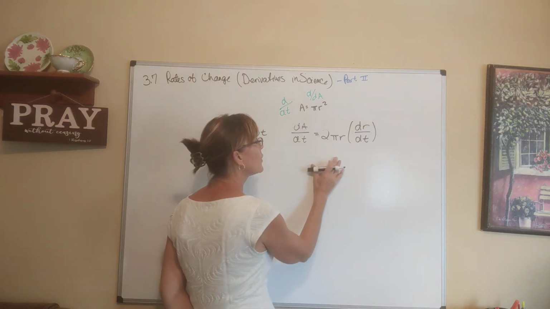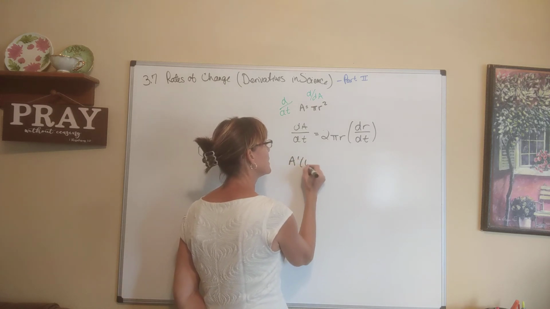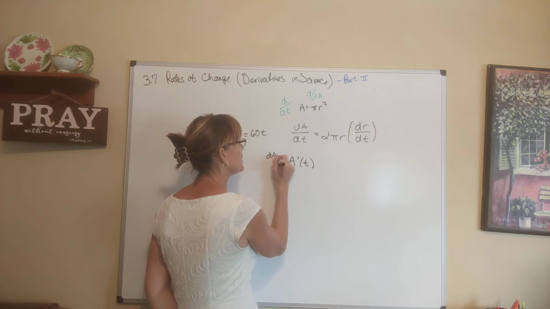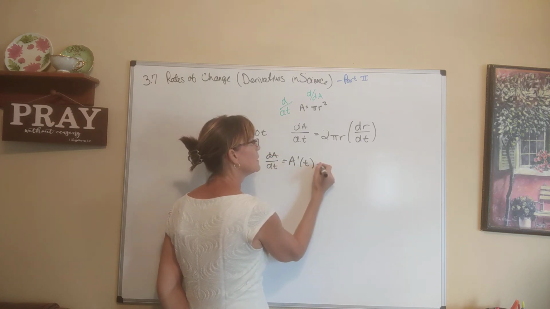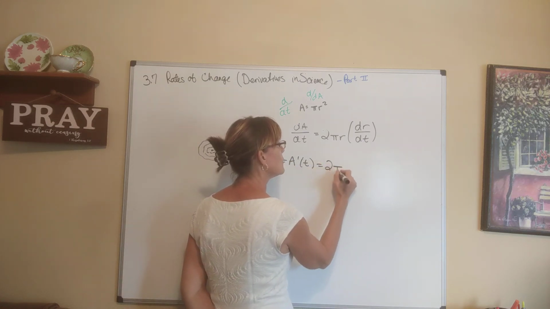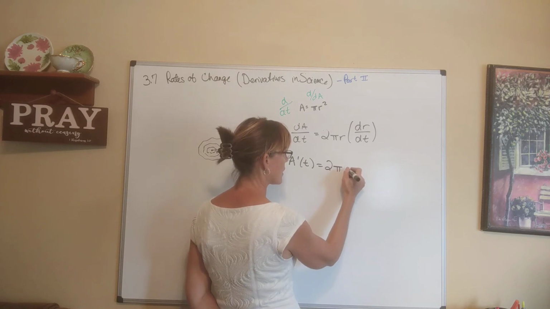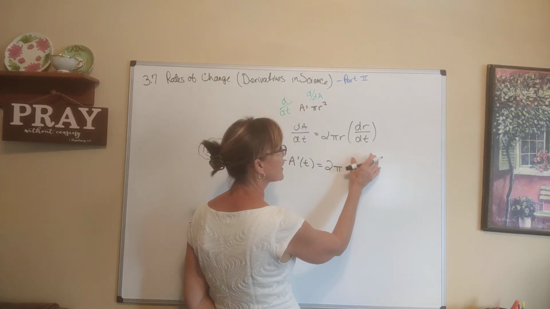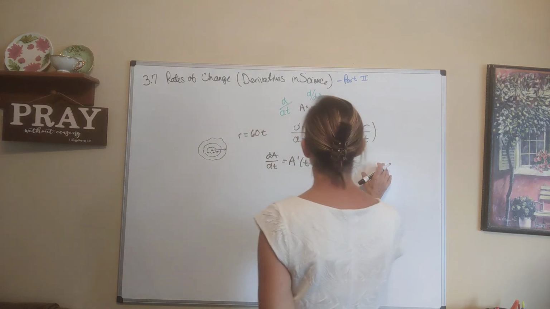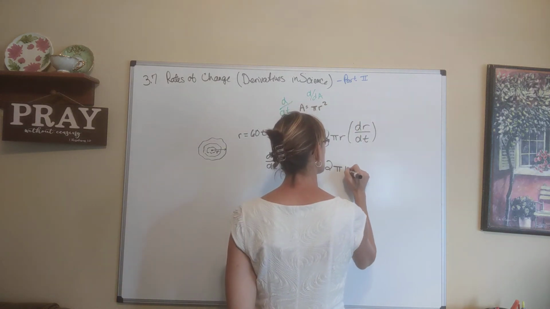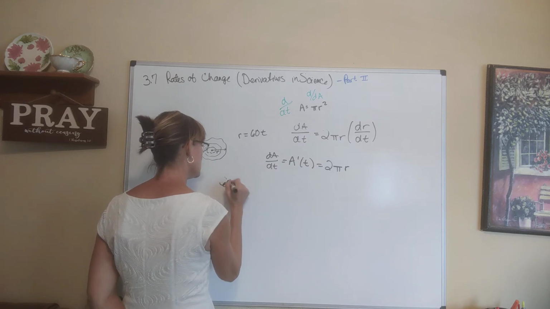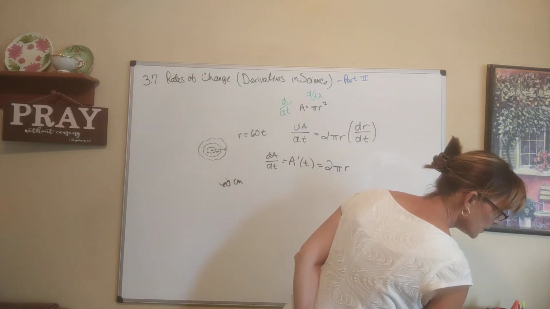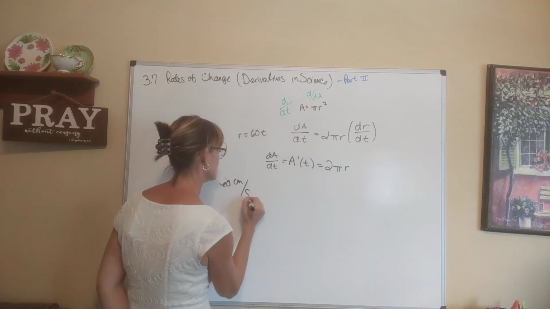So to figure out what dA/dt is, or A prime of t, this is equal to 2 pi r times dr/dt, and they told us the rate of change, dr/dt, is 60 centimeters, or was it centimeters per second? Yeah, centimeters per second.